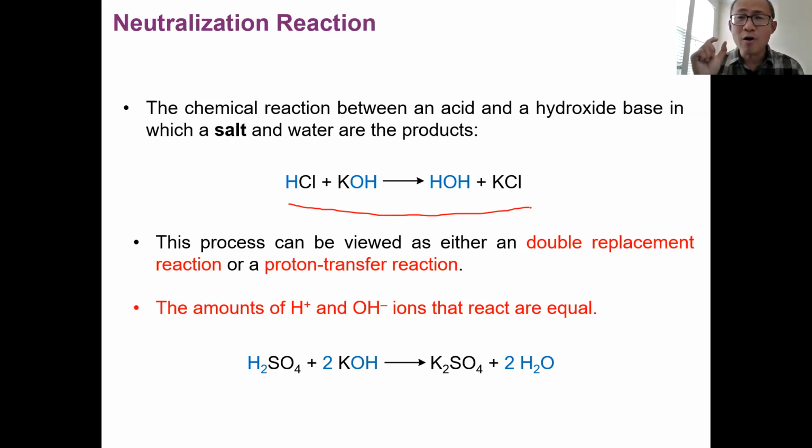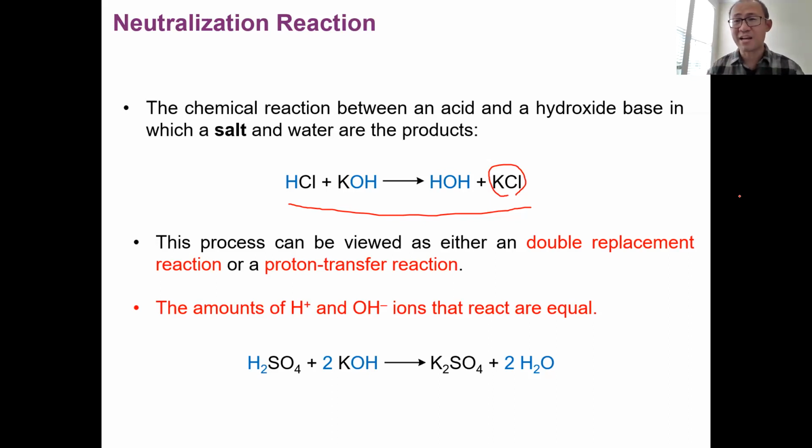The proton from the acid will react with the hydroxide of the base to produce HOH, H2O, basically water, and an ionic compound. We call this reaction a neutralization reaction.